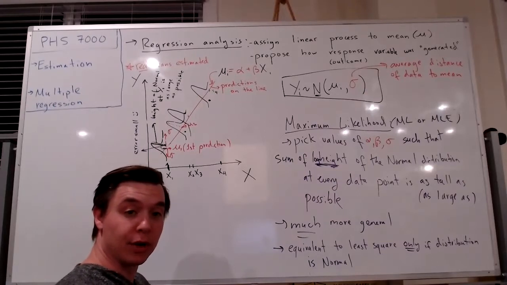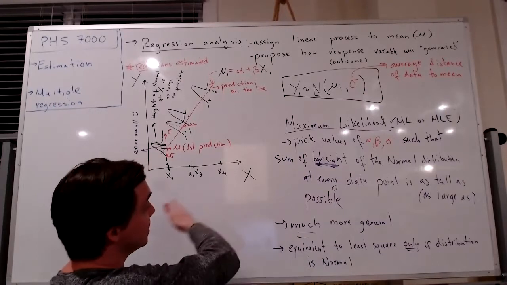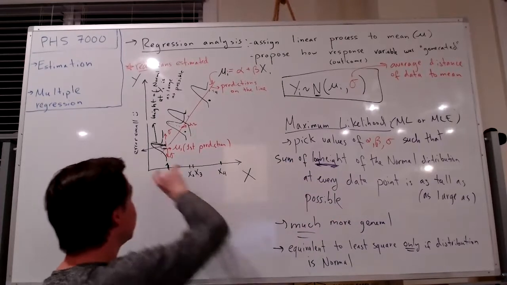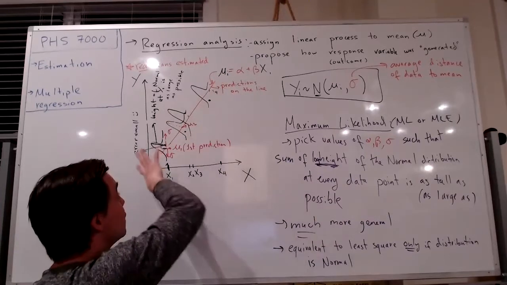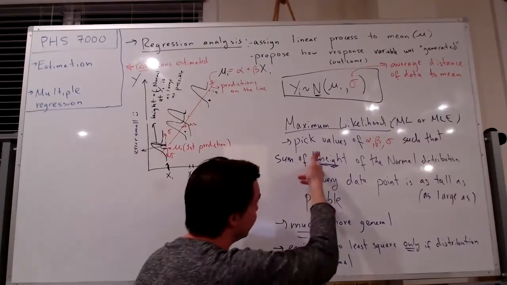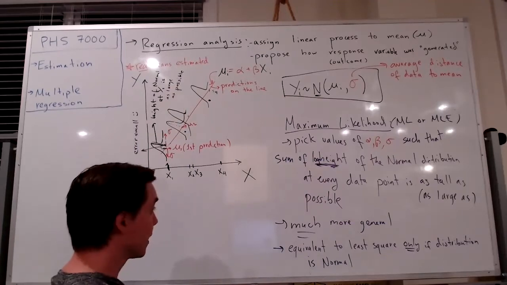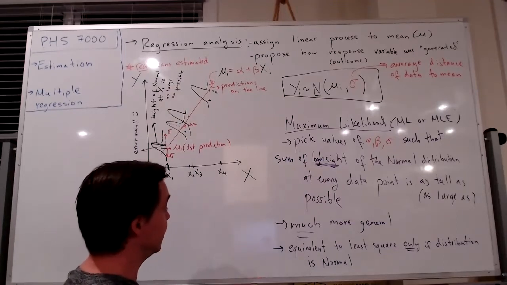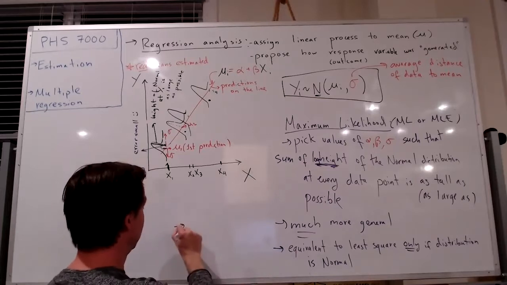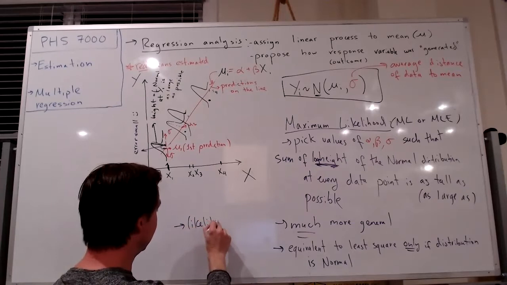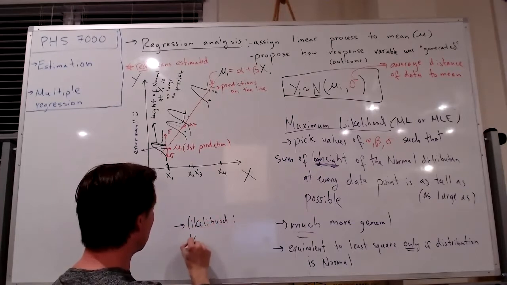So when you are looking at your SAS output and it says, well, here is the likelihood achieved by the model, it's giving you this sum of these heights, the sum of the natural log of the heights across all of the data points. And so with this maximum likelihood, with the likelihood, larger is better.